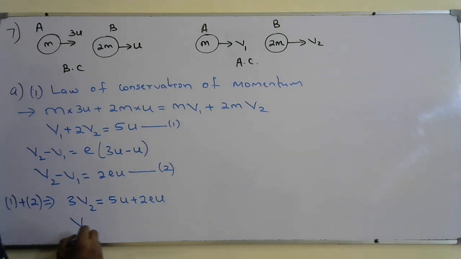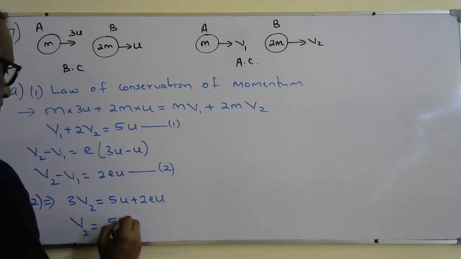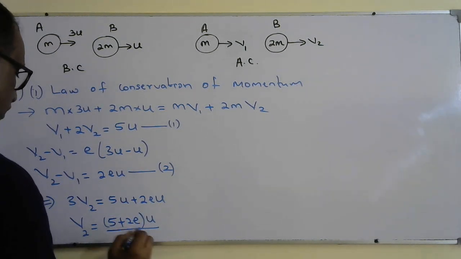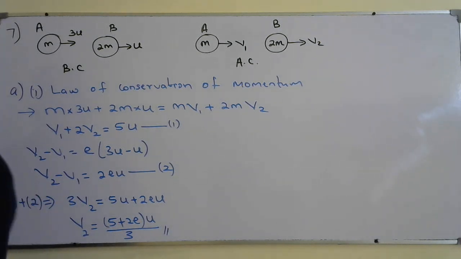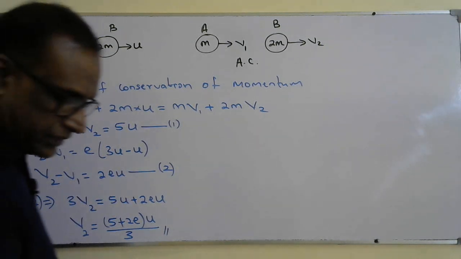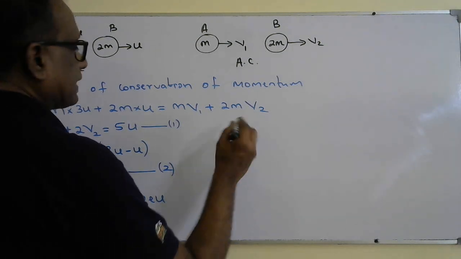So v2, solve it, you can take the u out, (5 plus 2e)u over 3. That's the answer for the first part. A part, second part.